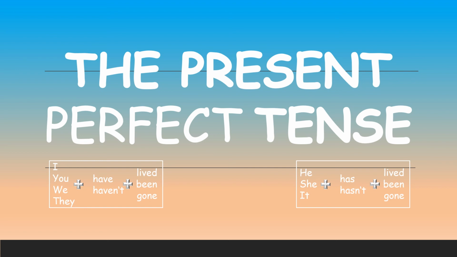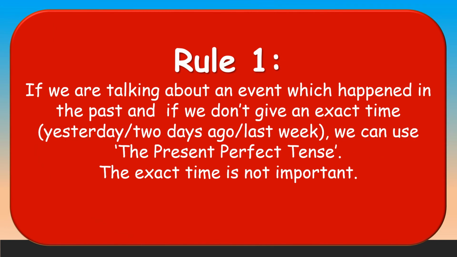So when we talk about the present perfect tense, we're trying to talk about something that has happened in the past and has or hasn't happened up to a certain point in time. So rule one for the present perfect tense, if we're talking about an event which happened in the past, and if we don't give an exact time, like yesterday, 2 days ago, last week, we can use the present perfect tense.